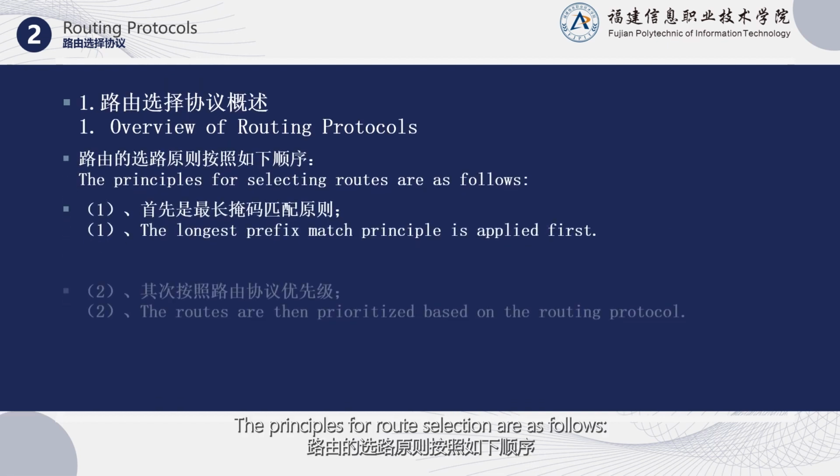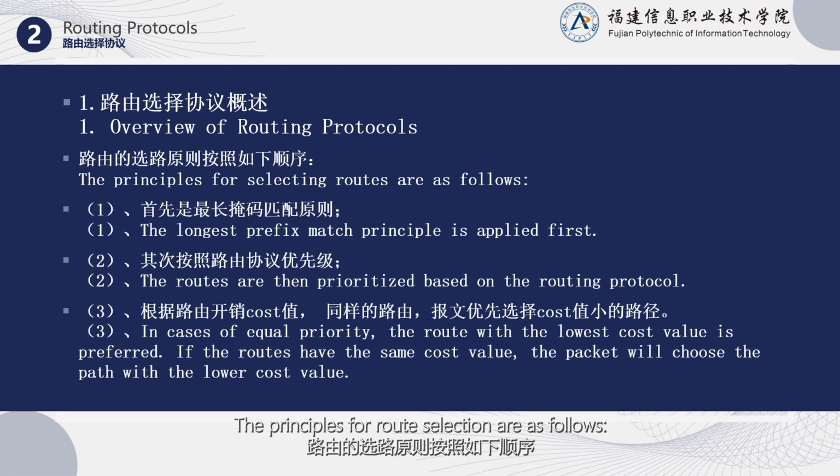The principles for route selection are as follows. The longest prefix matching principle takes precedence. Routes are then selected based on the routing protocol's priority. The route with the lowest cost value is chosen. For the same route, packets will prefer the path with the smaller cost value.